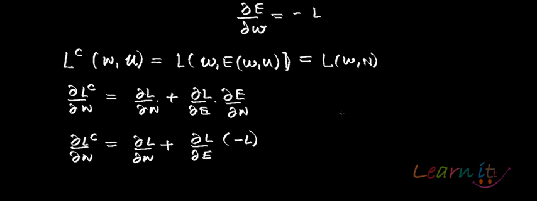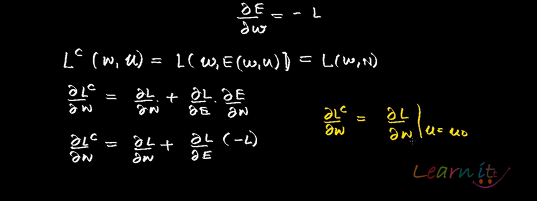Well, del L^C by del W is nothing but the amount of labor which is supplied at a certain wage rate where utility is being kept constant.